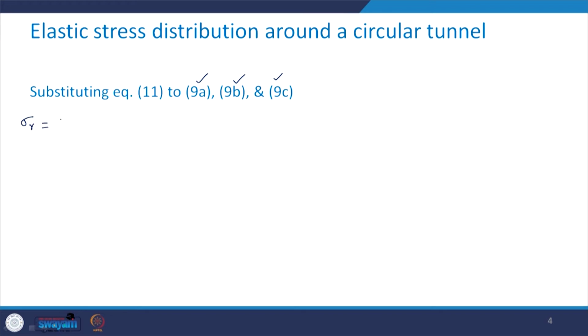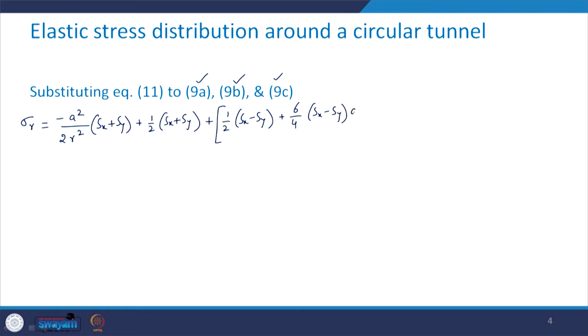Sigma r will be equal to minus a square upon 2r square into Sx plus Sy, plus half Sx plus Sy, plus a box bracket, half Sx minus Sy plus 6 upon 4 Sx minus Sy a to the power 4 r to the power minus 4 minus 2 Sx minus Sy a square r to the power minus 2, into cos of 2 theta.